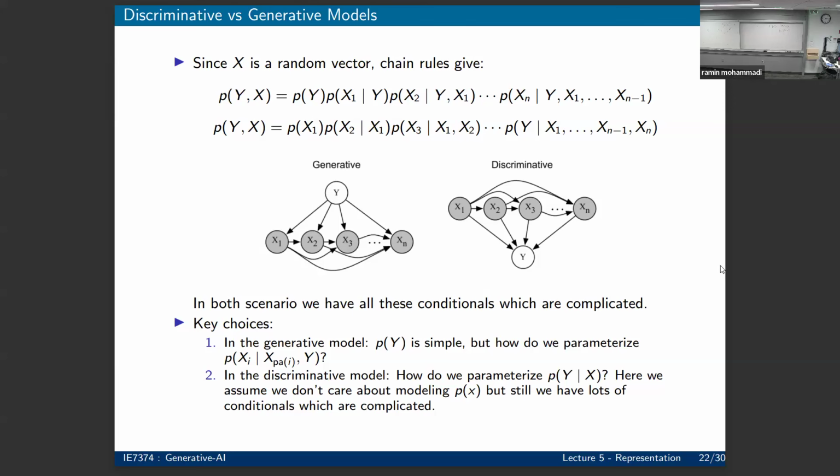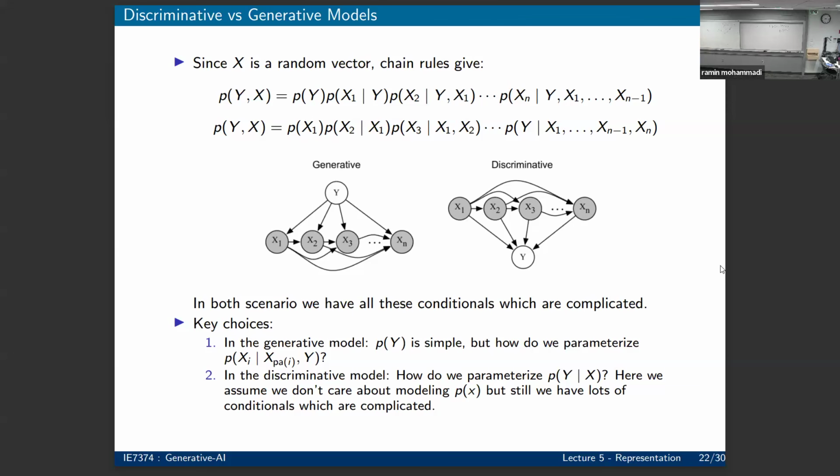In discriminative, on the other hand, you have probability of x1, and probability of x2 given x1, so there's a connection between these two, and x3 given x2 and x1, so there are all these connections, but also you have probability of y given all of those, right? That becomes the discriminative model. So the challenge that we have in both generative and discriminative is that there are lots of conditionals: probability of x given this, probability of y given this.